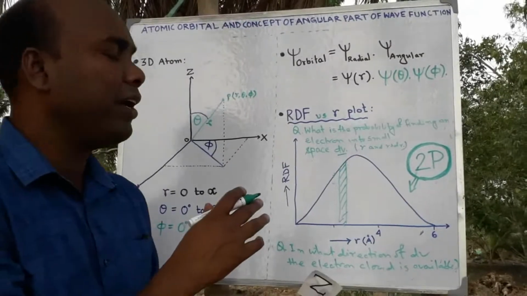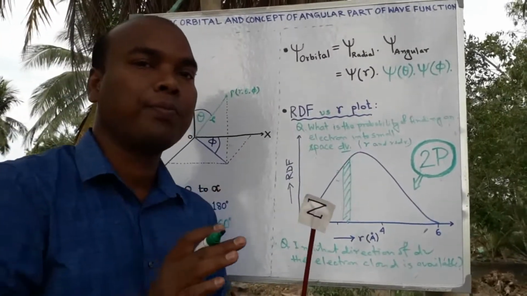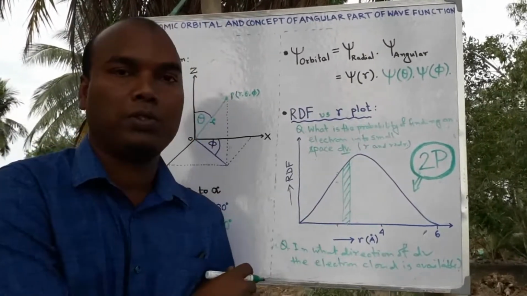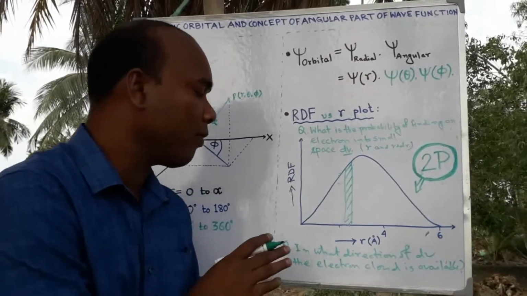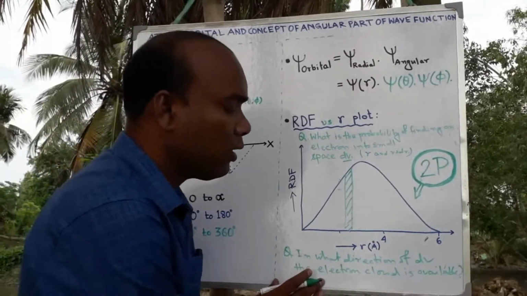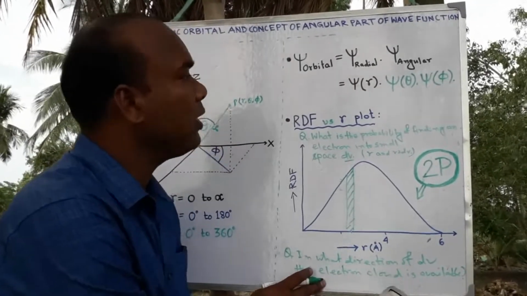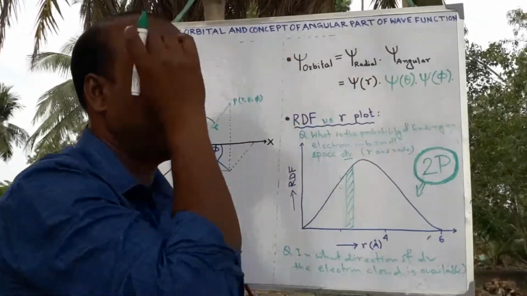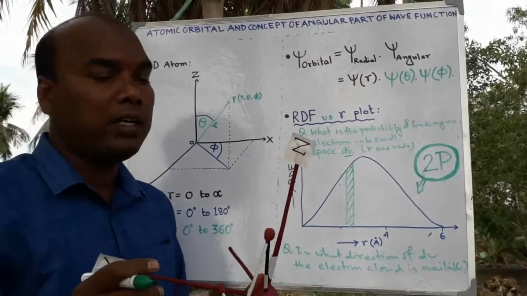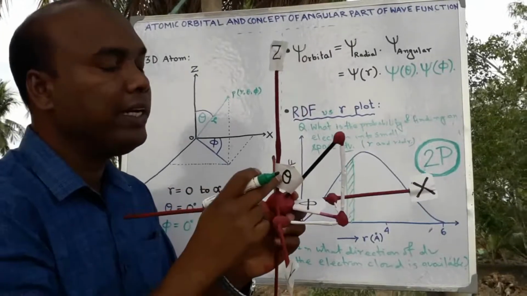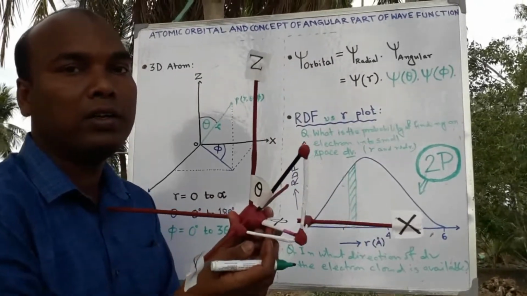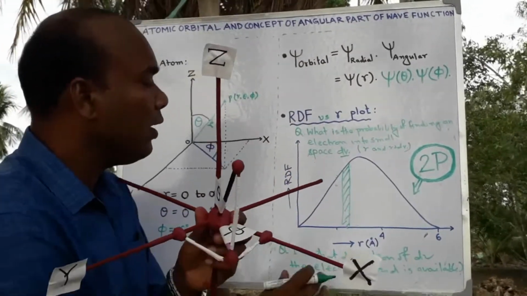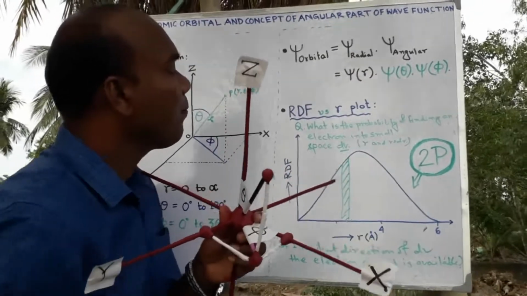The radial part is clearly silent about the answer of this question, and you will find the answer of this question from the angular part of wave function. That is, until you define the value of theta and phi, you do not understand the direction of the dv.